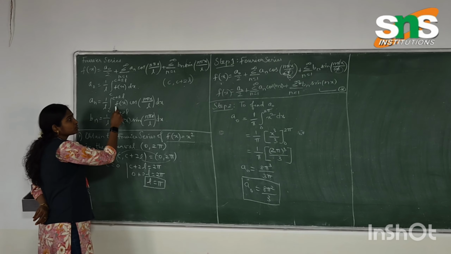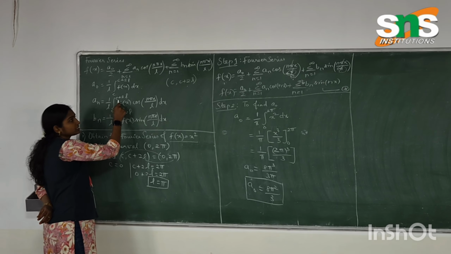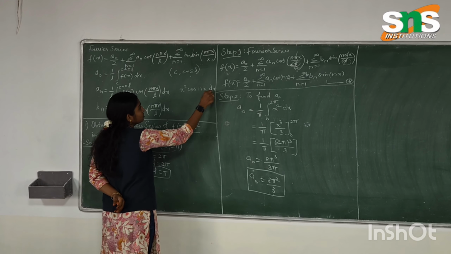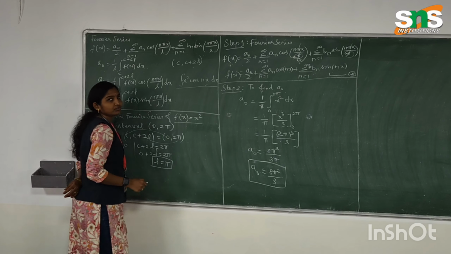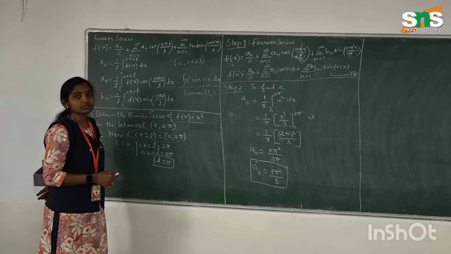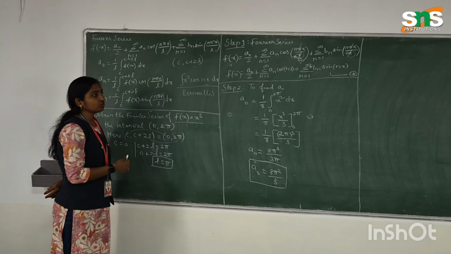In this we will be substituting the values of l, c plus 2l, and f of x. On substituting it, you will have an integral like x square into cos nx dx. Therefore, for integrating this, we will be using Bernoulli's formula and finding the value of the integral. So this is how we are going to follow up the problem.